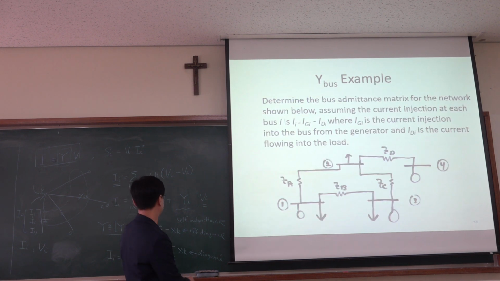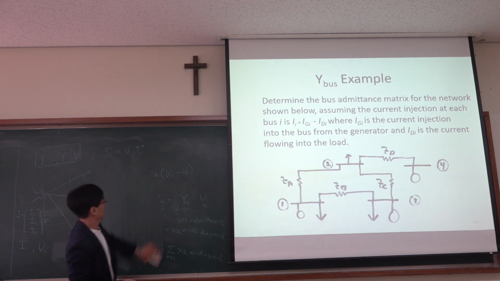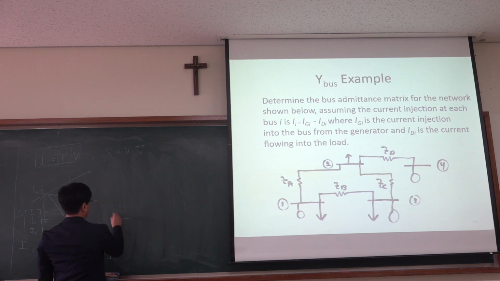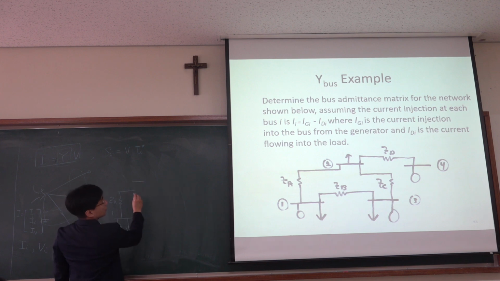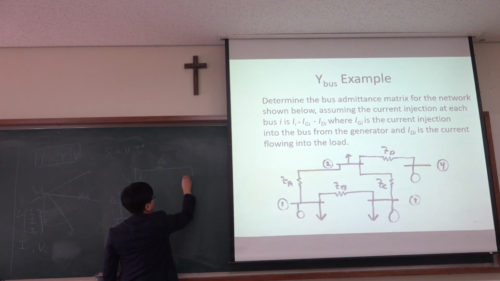Okay, I think we need to refer to this diagram. I want to copy that in this blackboard. So bus 1, we have a generator, load, and then admittance, and another bus, another load. This is 2, and then this is connected, and the impedance, another bus.